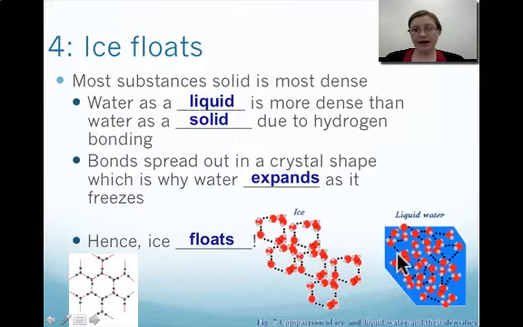So take a look at this diagram down here. Look at the liquid water. Each of these little red dots with the white dots attached to it, that represents a water molecule. You see how close the hydrogen bonds are between the water molecules? They're very condensed, and so we get more water molecules into the same amount of space.